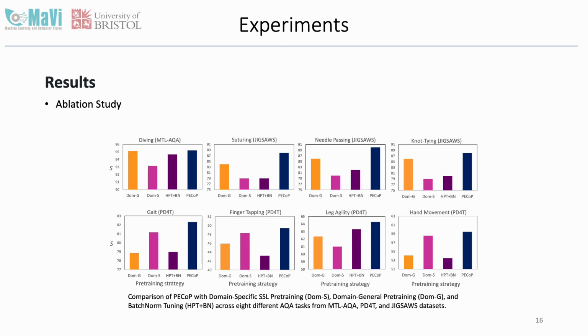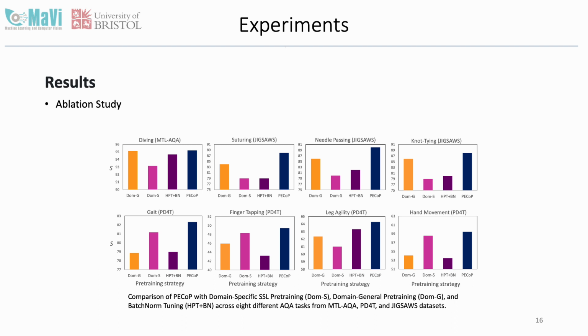This figure compares the performance of different pre-training strategies on AQA tasks. DOM-G, or Domain-General Pre-training, employs pre-training on a domain-general dataset like Kinetics 400, while DOM-S, or Domain-Specific Pre-training, focuses on domain-specific self-supervised pre-training on target data.